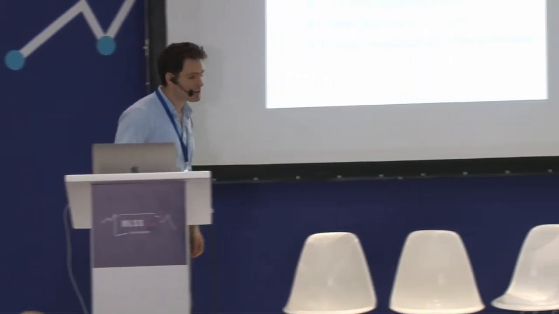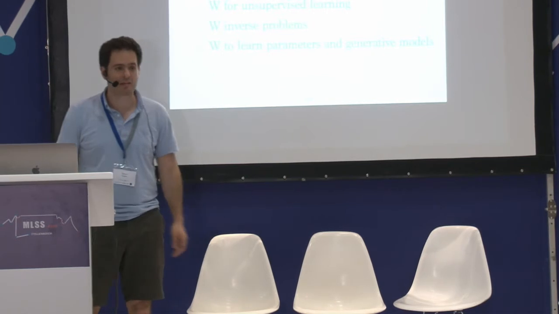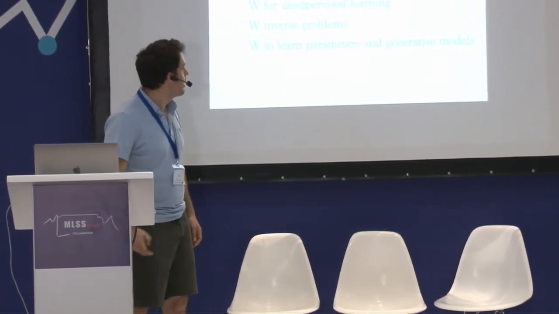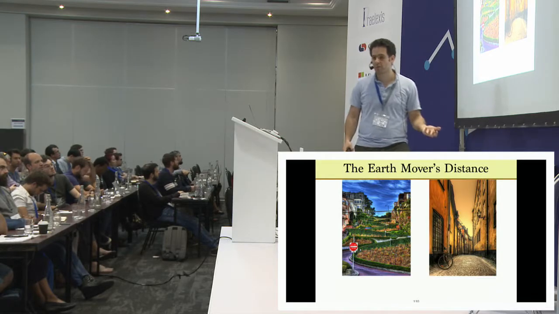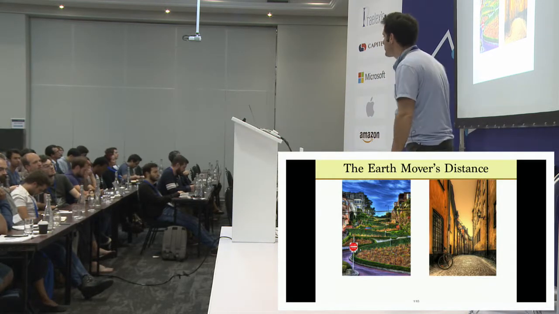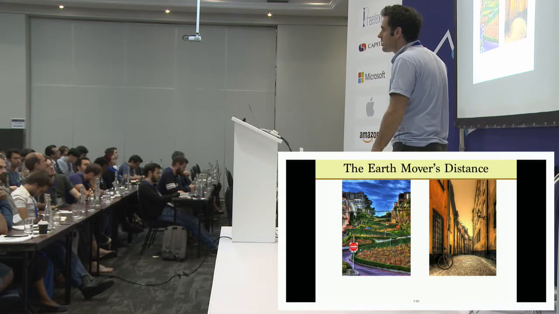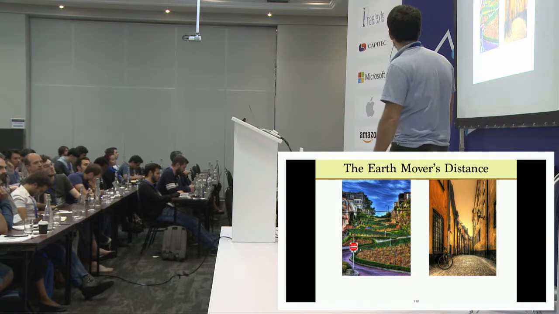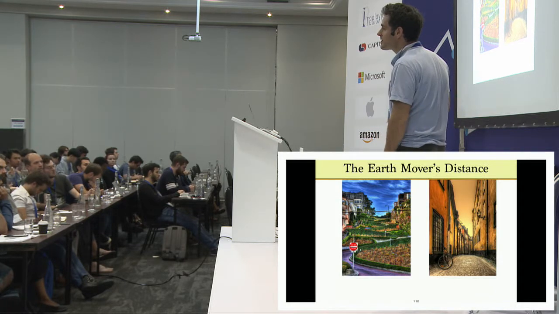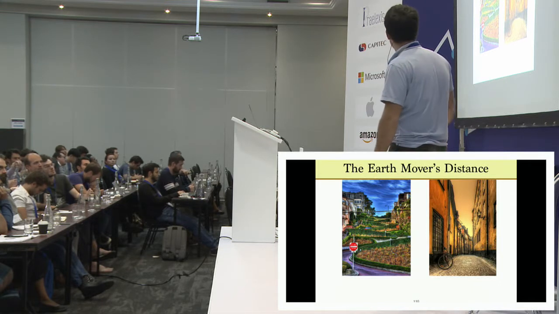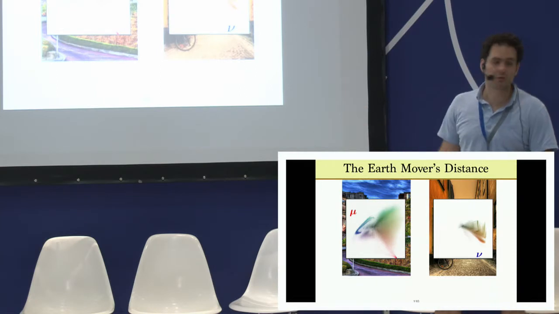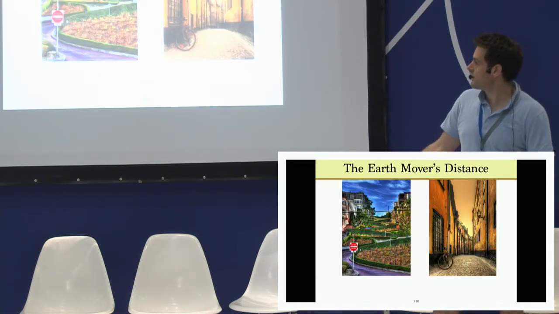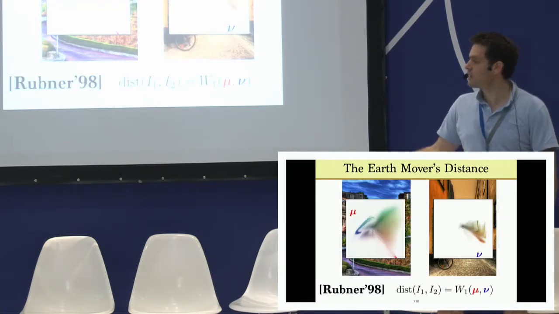So I don't have so much time for applications, but I wanted to take my time to explain the algorithms. Let me just say that very quickly. About 20 years ago, what people were using Wasserstein for was essentially retrieval. They were only interested in computing the distance. The most well-known example of this is the Earth mover's distance. You would represent an image as a histogram of colors, compute optimal transport between the two, and call this the EMD.